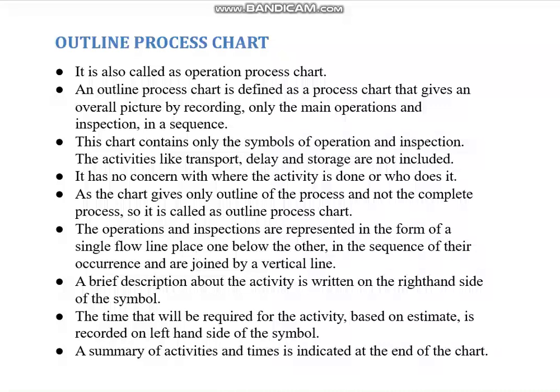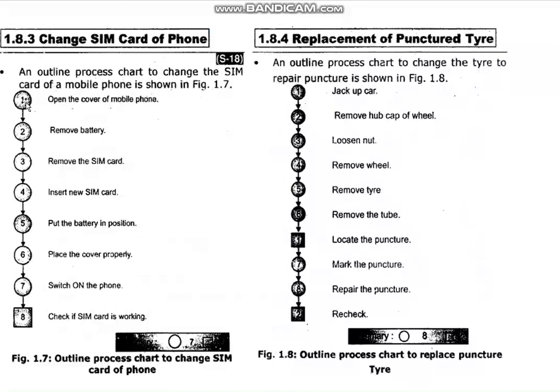One line. Shall I show you one example of this? Here is one example. You see, one single line will be there, with either circles or squares only. This is an example of this outline chart.